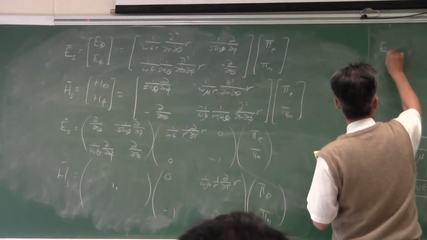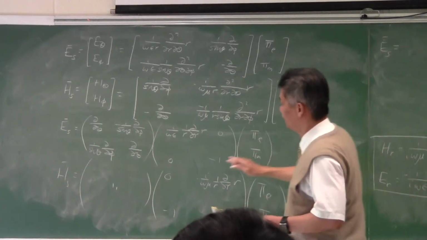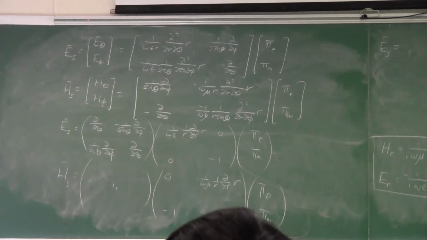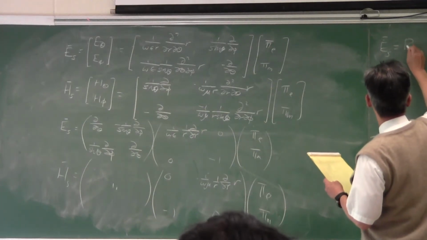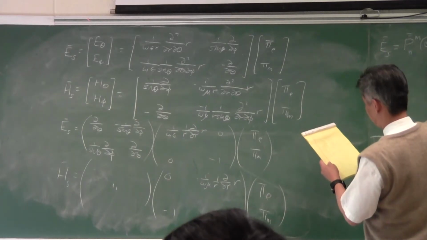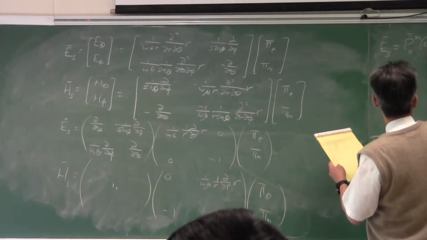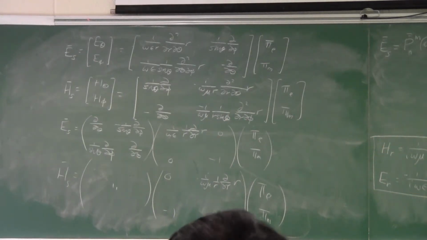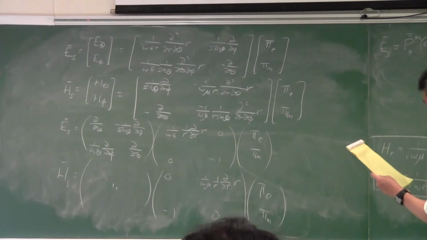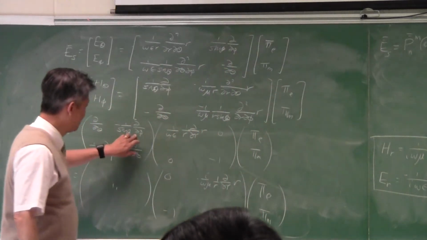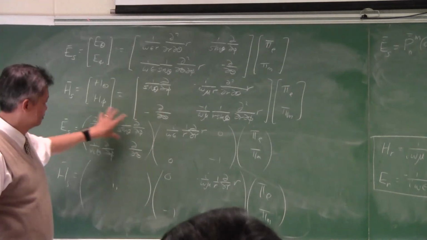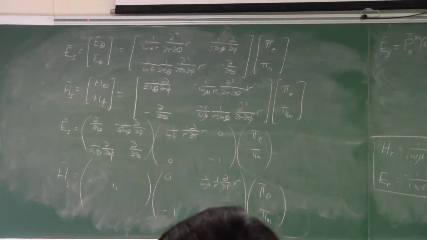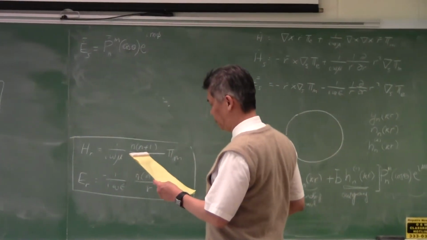I can write E_s as consisting of this theta and phi derivative operator operating on this, and that just gives me a matrix, which I call P_nm of theta, phi, cosine of theta, and then e to the i m phi. The e to the i m phi is very simple; you just change the i m here and put it outside. So that whole factor operating on this can be written as a matrix times a scalar number, and the rest operating on that gives me something that looks like that.